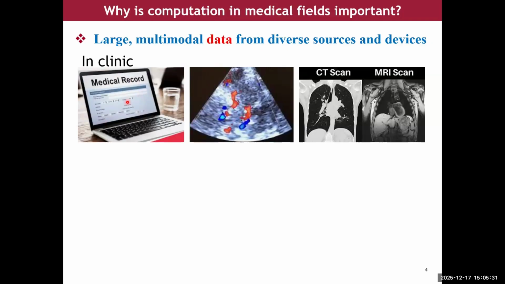Of course, there are also structured data like the disease diagnosis codes or drug prescription records, which are also medical data. And if we undergo some medical scanning, for example, using CT, MRI, ultrasound, or even X-ray, there are medical images that can be regarded as medical data.